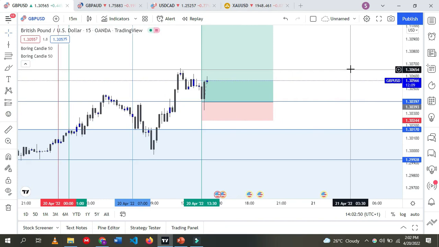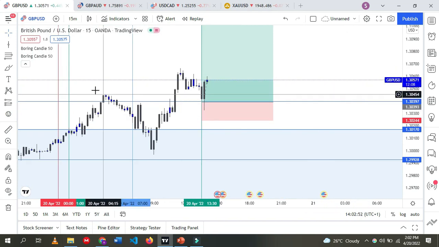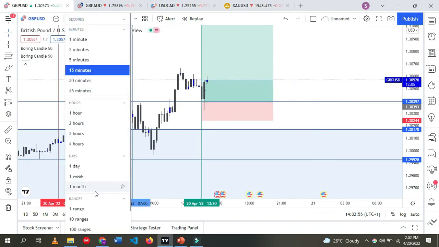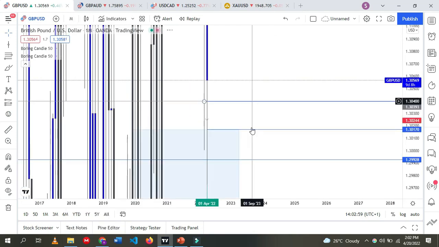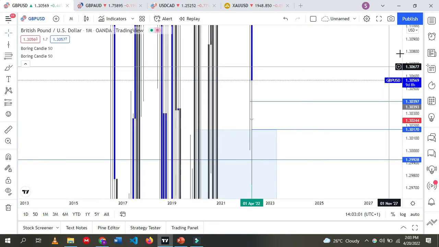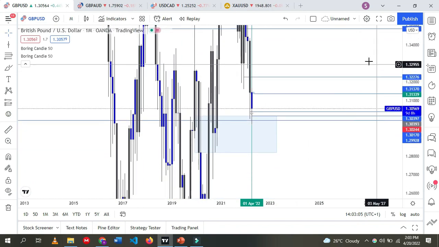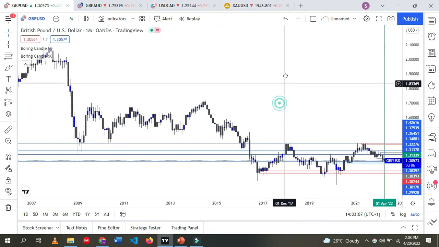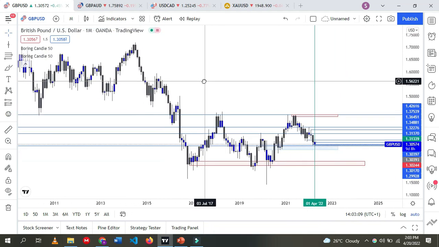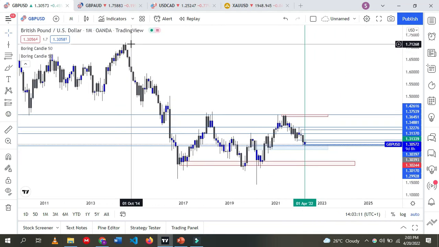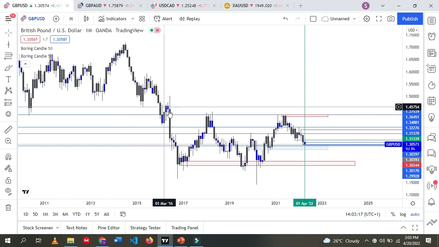Okay, I'm on a trade now. Let's come to the monthly. This is a level in the market. These are levels.